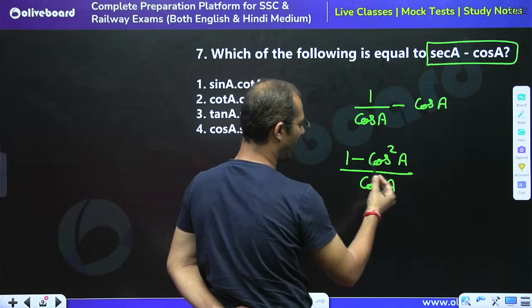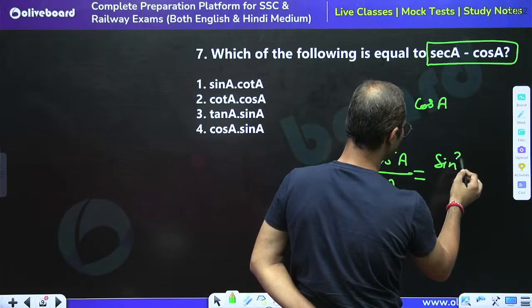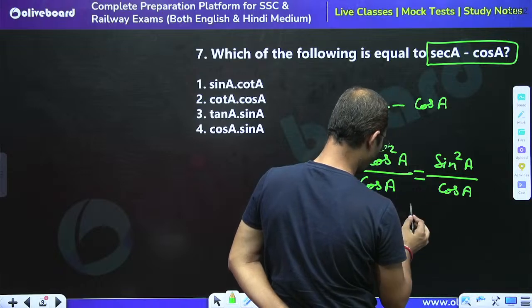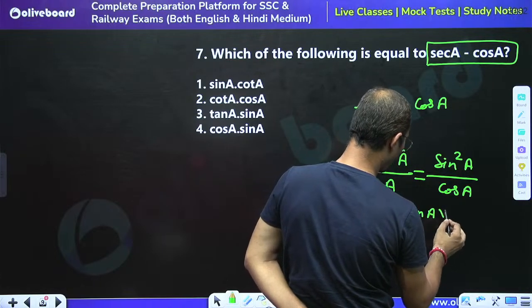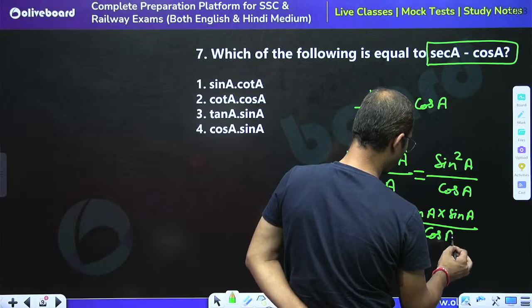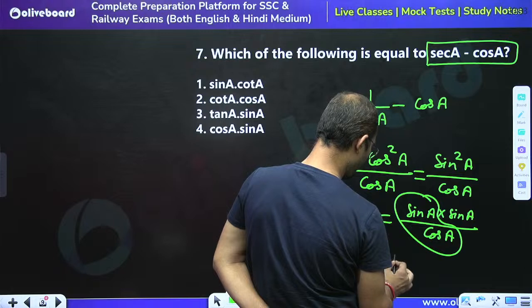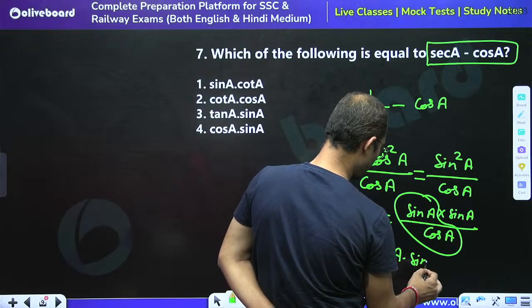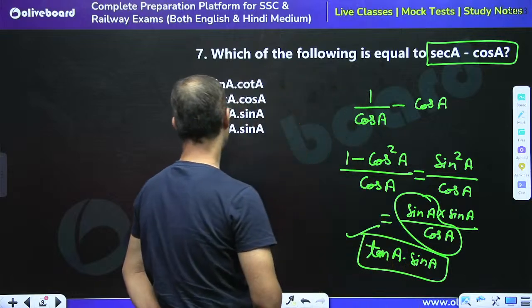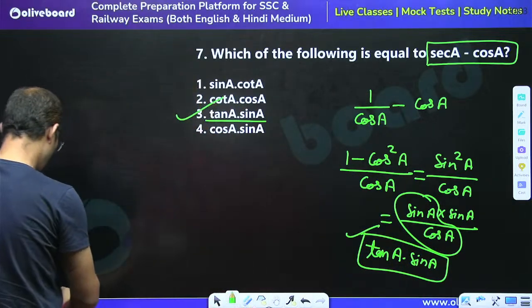We know the identity 1 minus cos square A is equal to sin square A. So we can write it as sin A into sin A divided by cos A. So this would become tan A into sin A, right? So tan A into sin A is the right answer. The third part is the right answer.